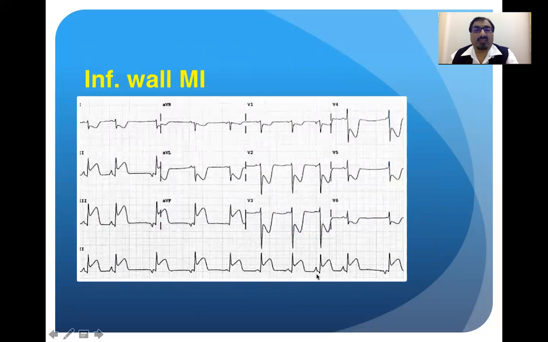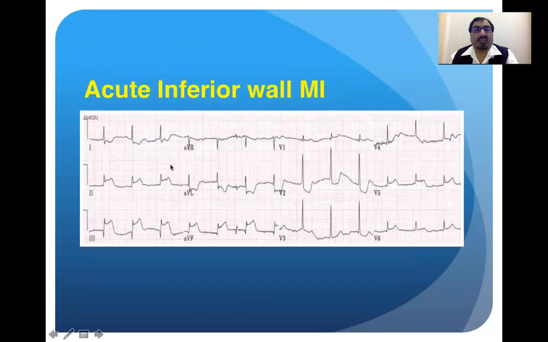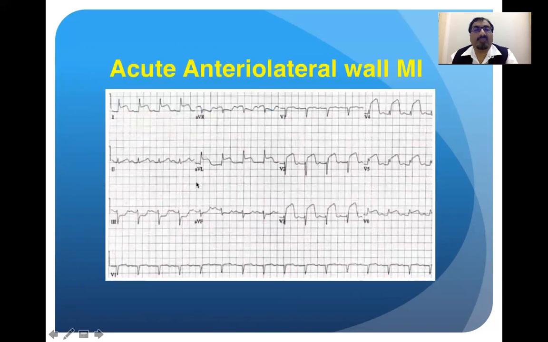This is again inferior wall MI, II, III, aVF, which you need to remember, and also the reciprocal changes. This is acute inferior wall again, which is suggestive of changes in the concerned leads, that is II, III, aVF.